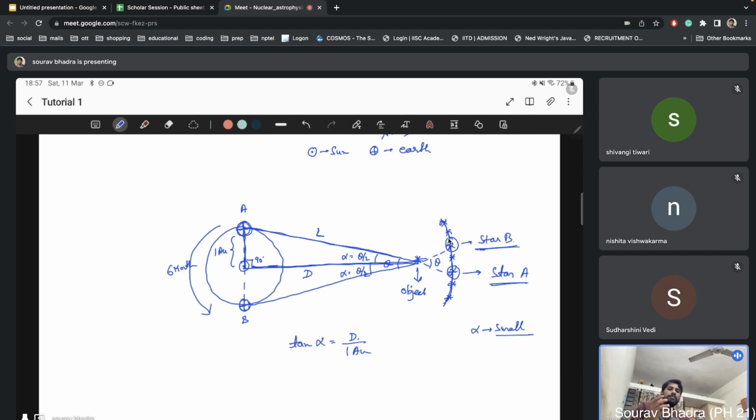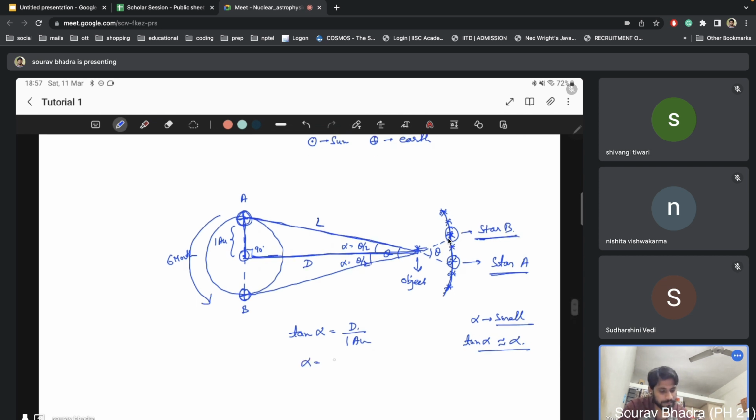It is not even in degrees, because a degree is very large. You can think of it in arc seconds. Since alpha is very small, we can write tan alpha is nearly alpha, which we have done in mathematics.